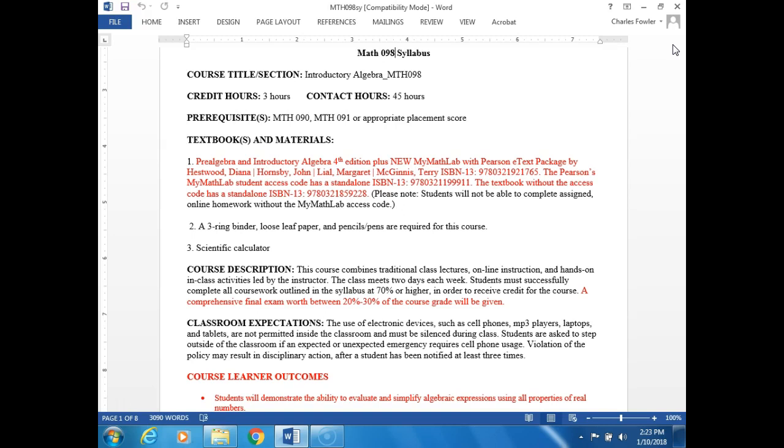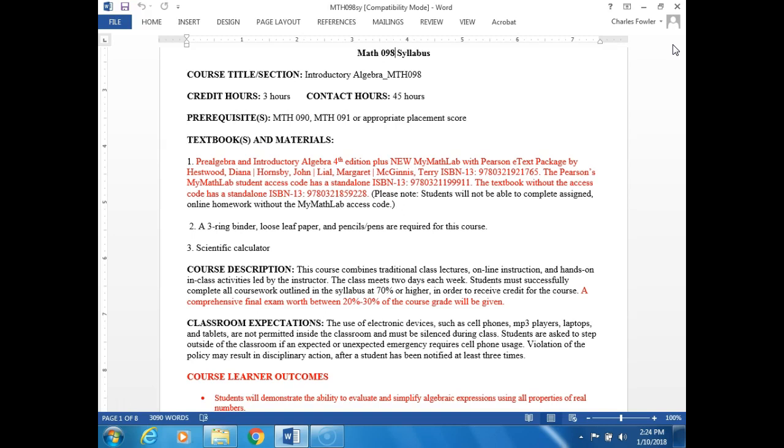But not permitted inside the classroom. I know what they're talking about. The cell phones, MP3 players, no reason for those in here, or at least loud, so have those on mute or whatever. Must be silenced during class. Students are asked to stop blah, blah, blah. I'm not this picky. This is the syllabus, but I'm not that picky.